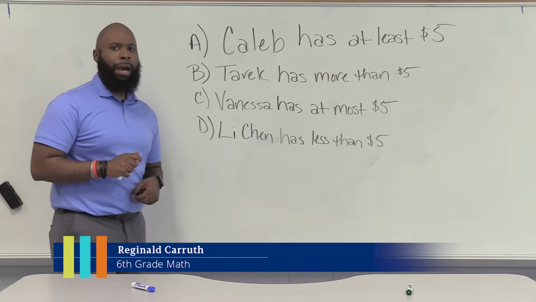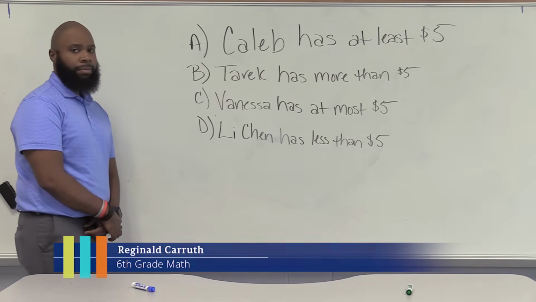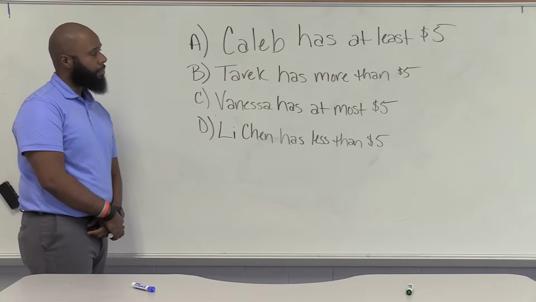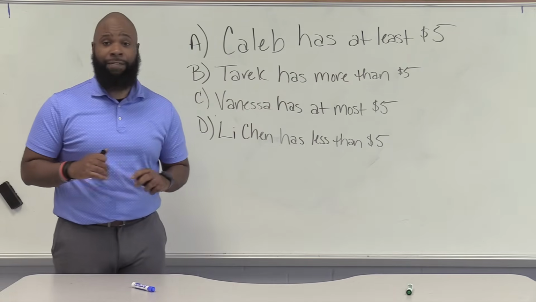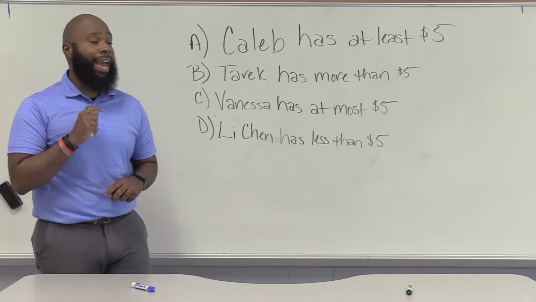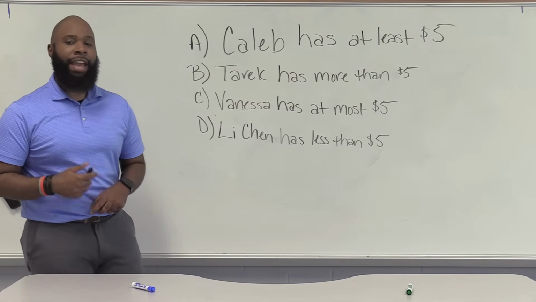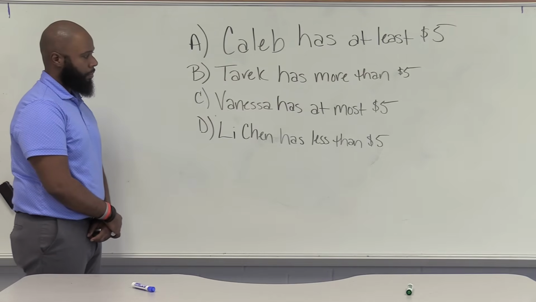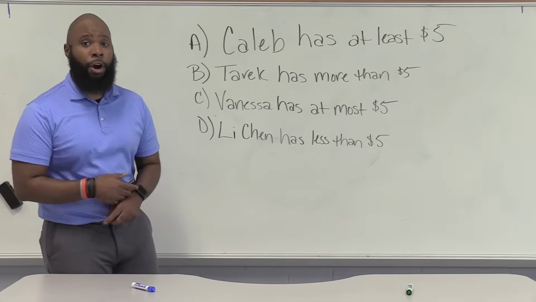So how does this statement about Tarek differ from the statement about Caleb? So Tarek has more than $5, but he cannot have exactly $5, where Caleb might have had exactly $5. So what does at most mean in Vanessa's example? Vanessa could have $5, but no more than $5.